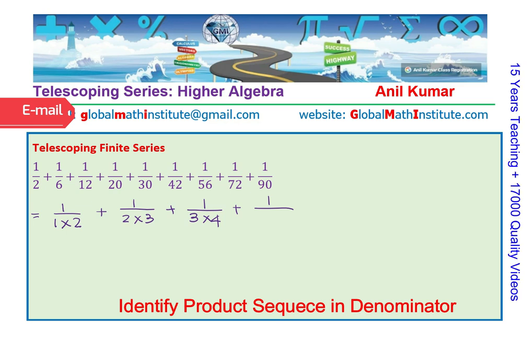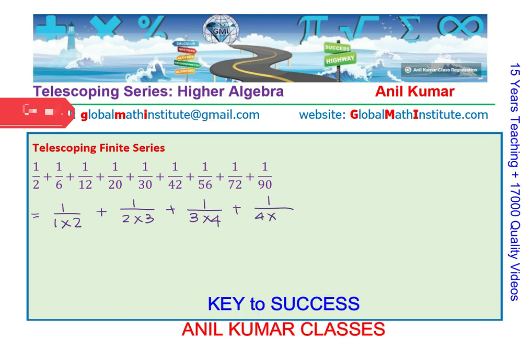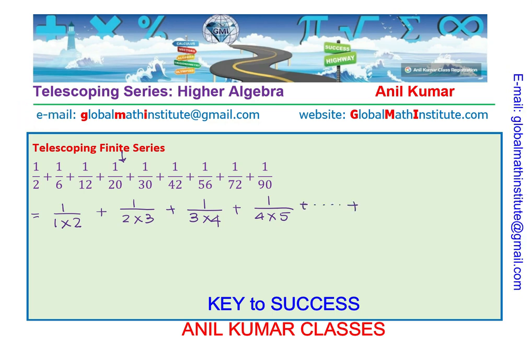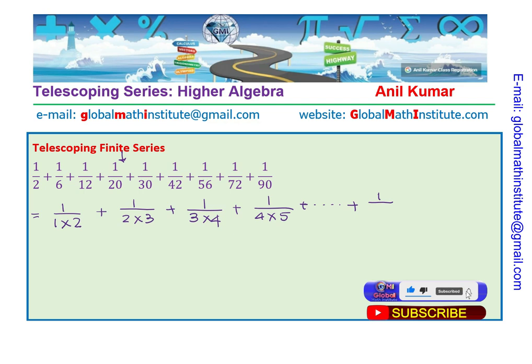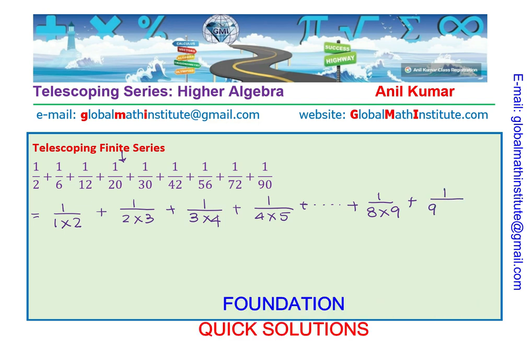So we get 3 times 4 is 12, then 4 times 5 is 20, plus so on. We can end the series with 1 over 72, and 72 is 8 times 9. Plus the last term here is 1 over 9 times 10.